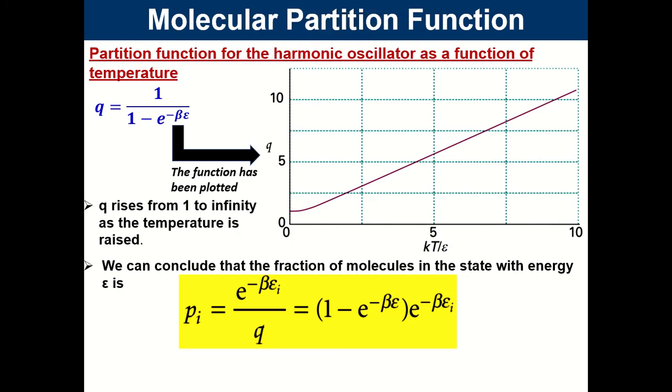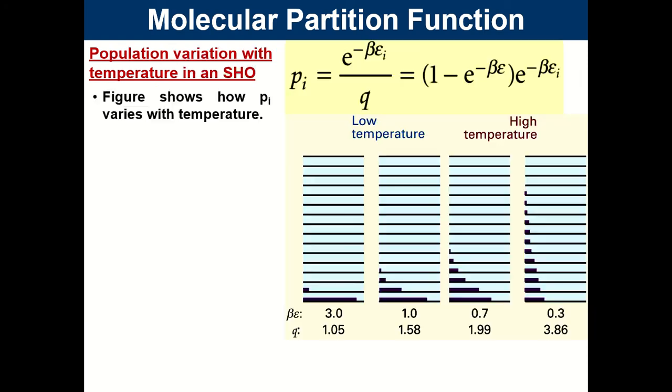We also learned how to write the partition function for the simple harmonic oscillator, as you can see here, and you can also see we discussed all the distribution profiles that we see in this slide. When the temperature is very, very low, tending towards 0, you can see that only the ground state is populated.